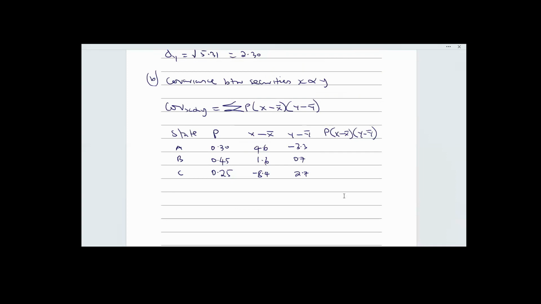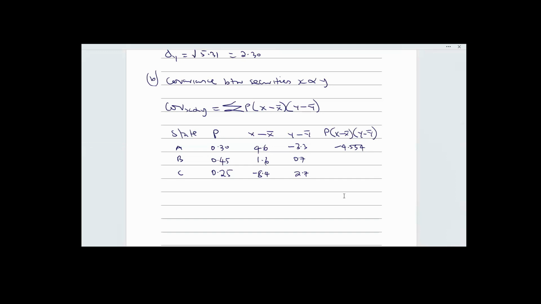All right, so bring out your calculator. I would then say 0.3 multiplied by 4.6 multiplied by minus 3.3 equals minus 4.554.